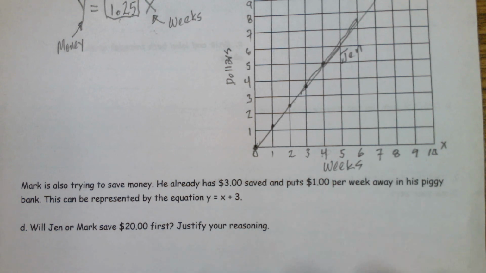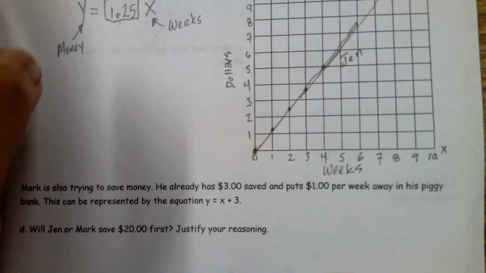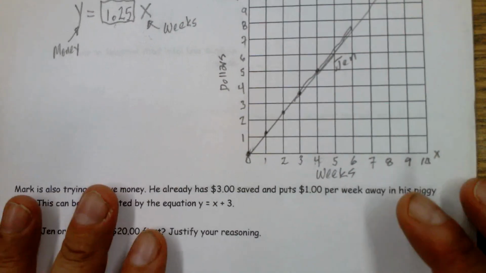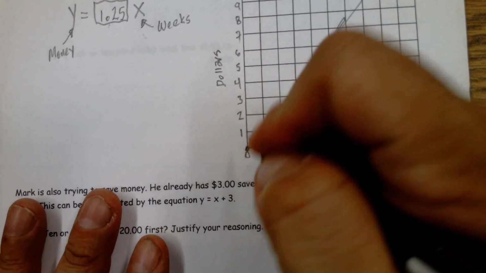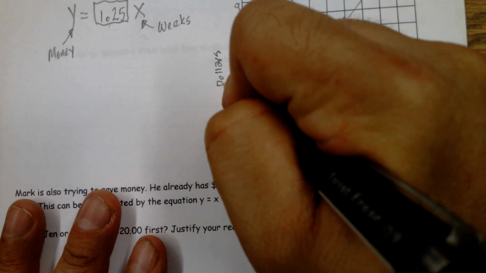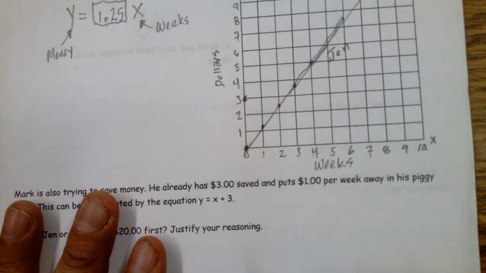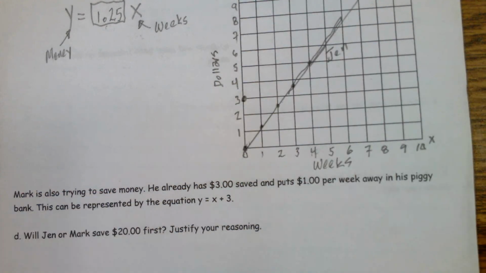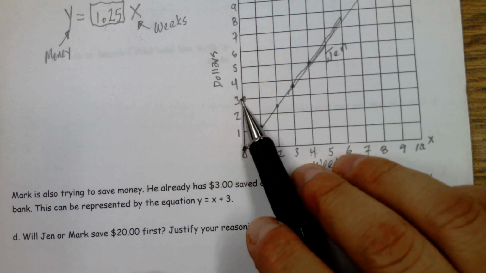Okay, let's do this. Let's go ahead and graph a line for Mark. How much money is he starting with? 3. So at 0 weeks, he has $3 already. Right? And then he adds $1 every week after that.